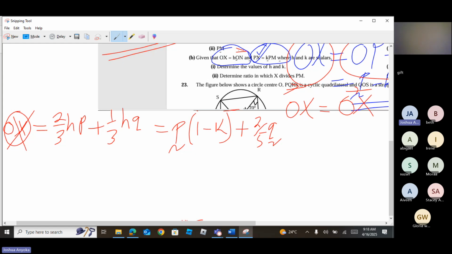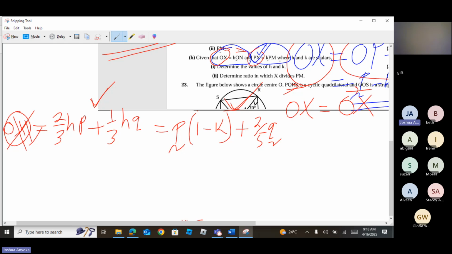All right, our procedure is to express OX in two ways. One way that has H, another way that has K. Then from there we equate the two ways, one way and another one.